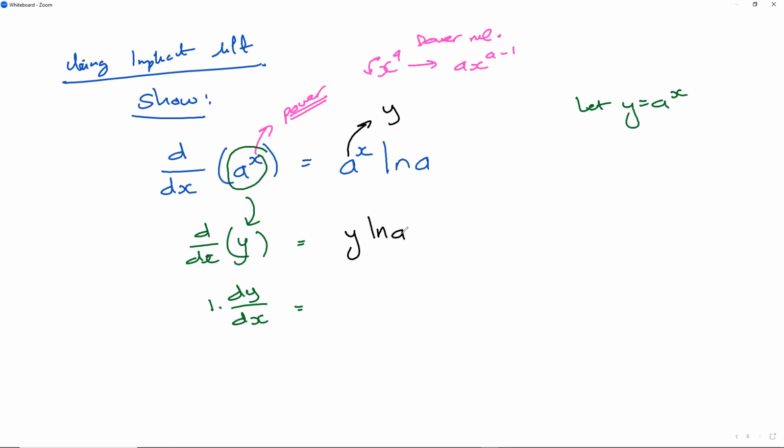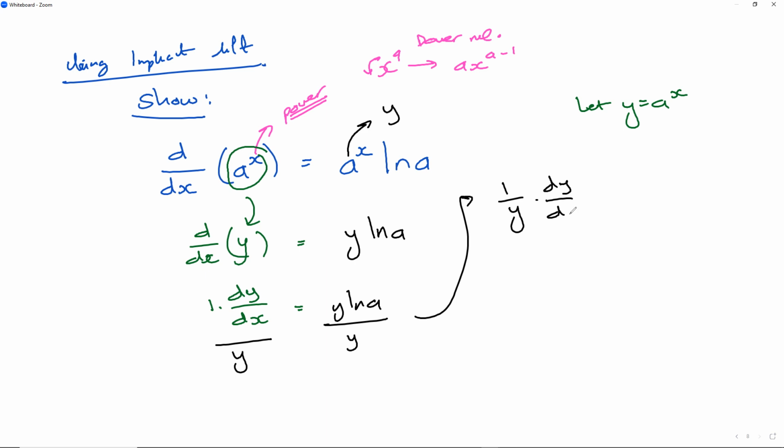And if I make ln a the subject of the formula, I divide this whole side by y. So this is y ln a, and I divide it by y on both sides. I'm going to end up getting 1 over y times dy/dx equals ln a.